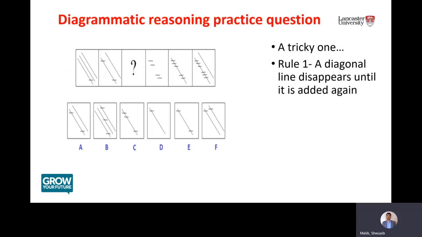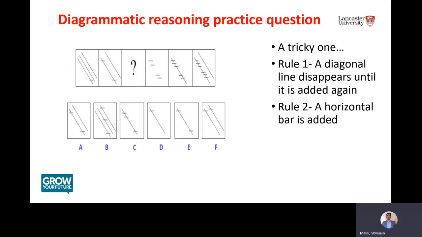In the far left box there are 3 diagonal lines, then 2, then the hidden box, then 0, then 1, then 2. So it's decreasing until it gets to 0, and then it's increasing again. And the second rule is that a horizontal bar is being added in every box as we go along.